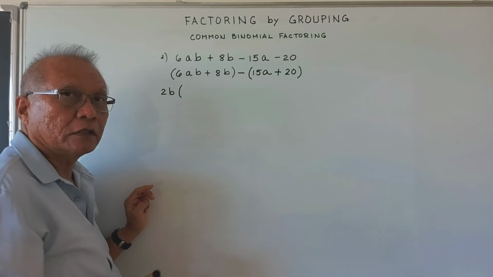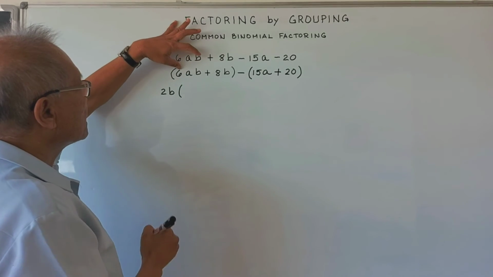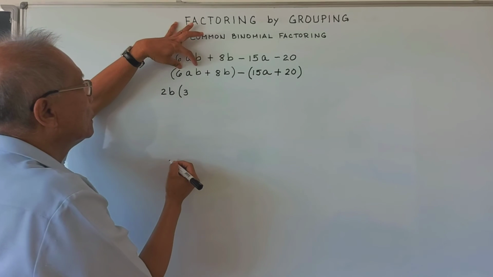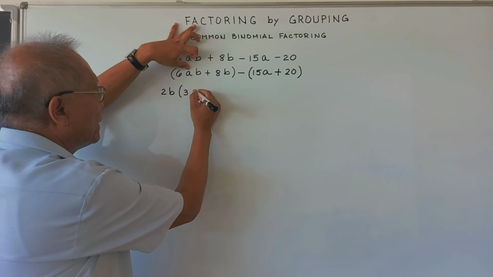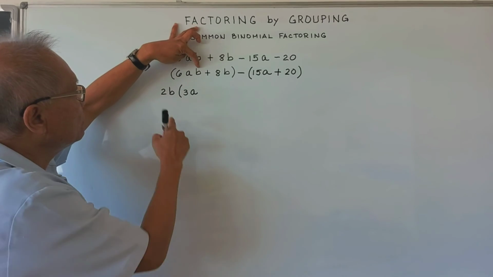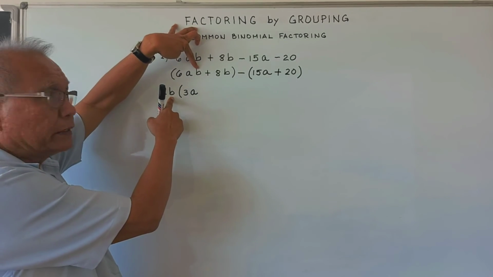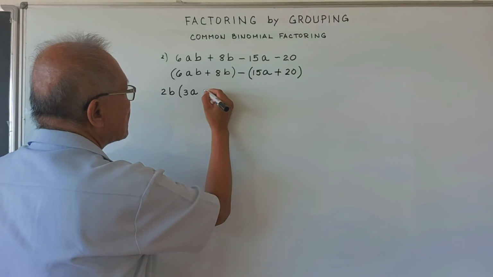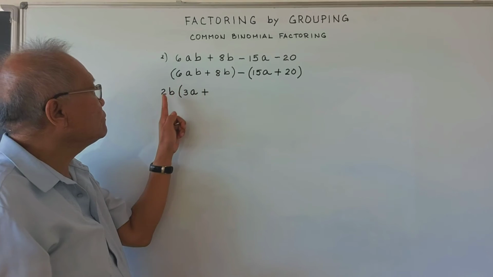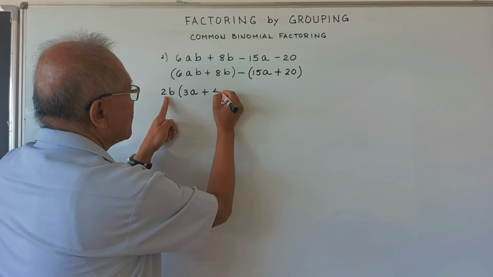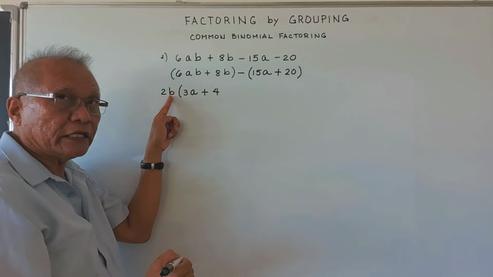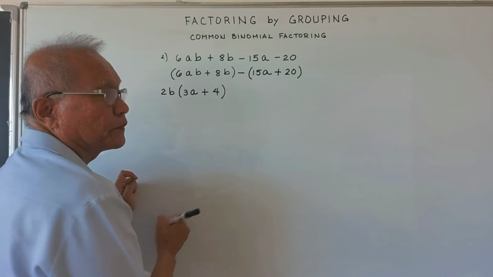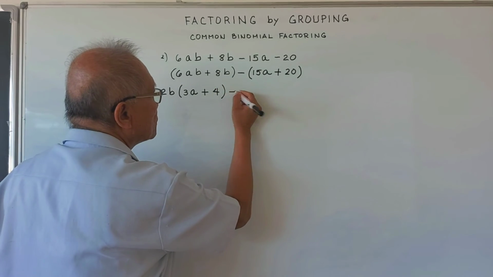And then we divide. 6 divided by 2 is 3. a, we have an a here. b divided by b is 1, so we don't write b anymore. It's cancelled. And then plus here, 8 divided by 2 is 4. b divided by b is 1, so we don't have our b here.